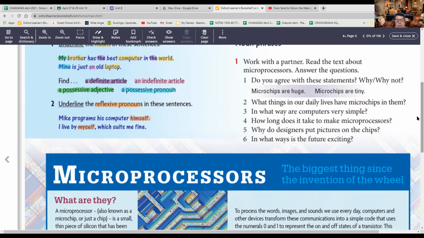But in what ways? So here they want examples. They want to know, for example, what will happen in the future that will make it exciting.